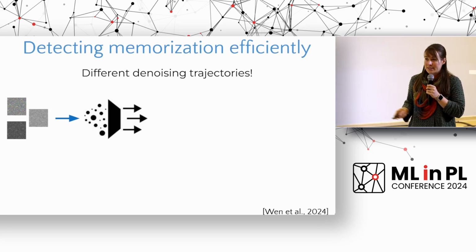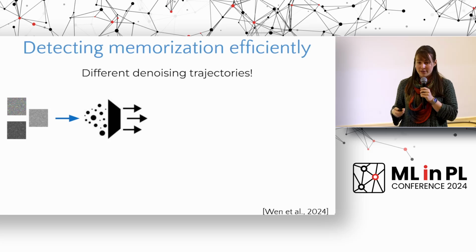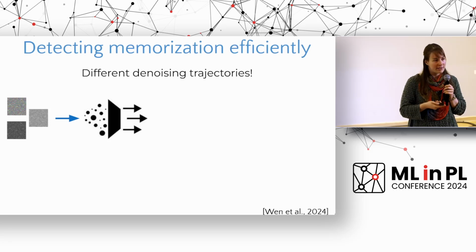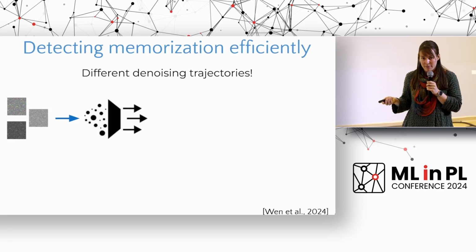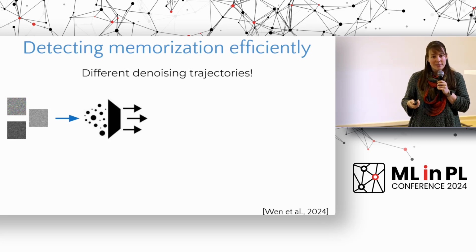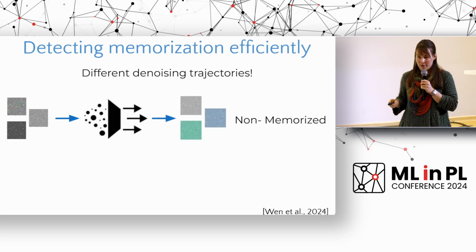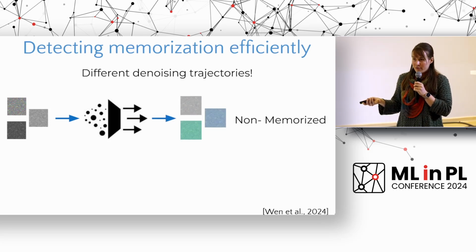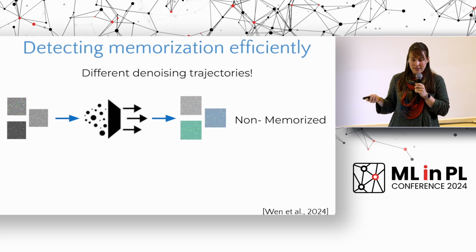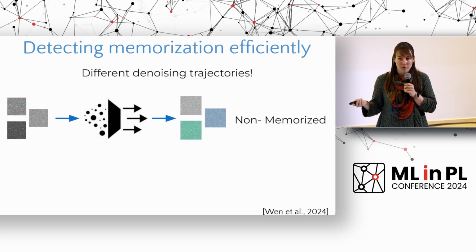But luckily there is some insight that prior work gave us, which is that you can differentiate between memorized and non-memorized samples already in the first denoising step. The intuition is that if you have a non-memorized sample and you give different random noise as an input seed, it will every time give you a different denoising trajectory. It's kind of intuitive, why would it give something similar?